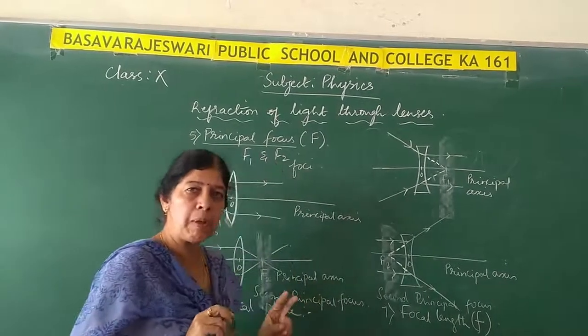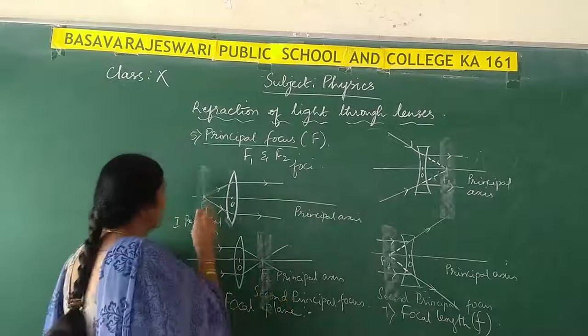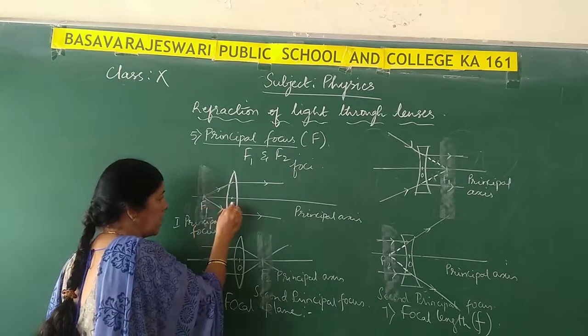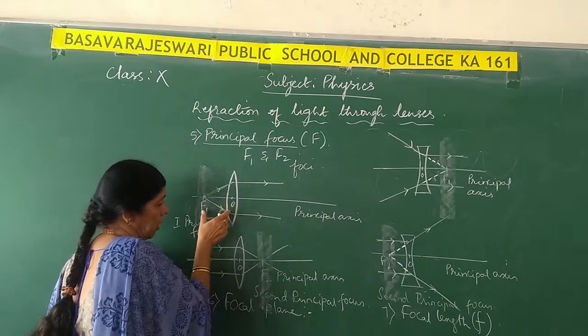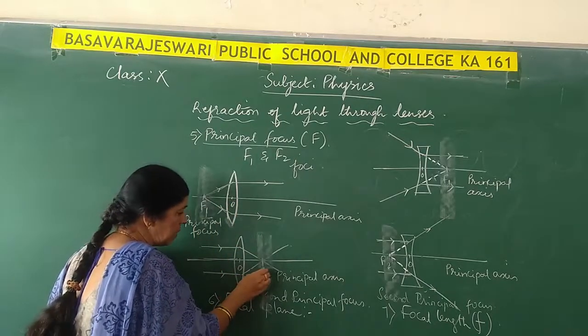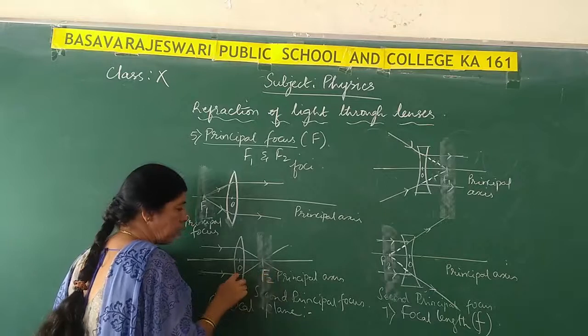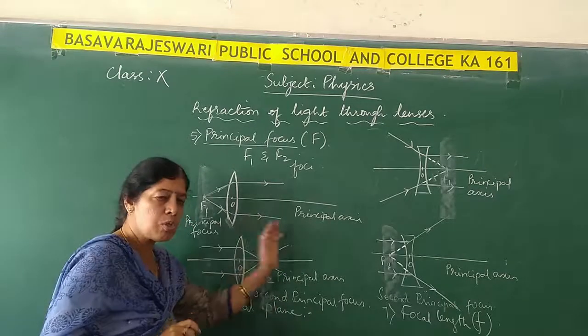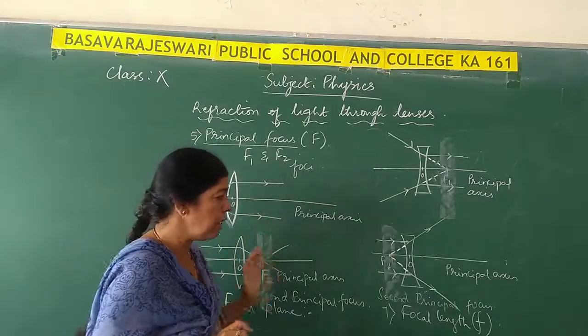Now here two principal foci are there. The distance between the first focal point and optic center is called the first focal length, and the distance between the second focal point and the optic center is called the second focal length of the lens, and it holds good both for convex and concave lens.